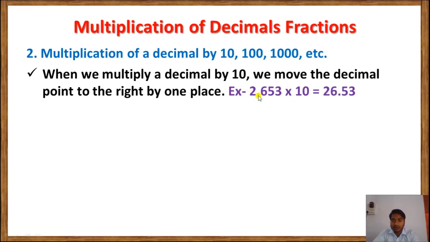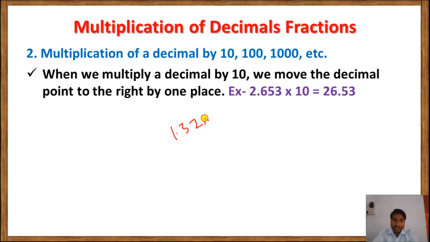Right now this decimal point is in between 2 and 6. When we move right side by one place, it will come between 6 and 5. So then it will become 26.53. This is the answer. The same way, let me give you one more example. Suppose we have 1.32.